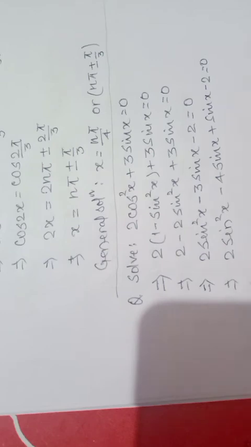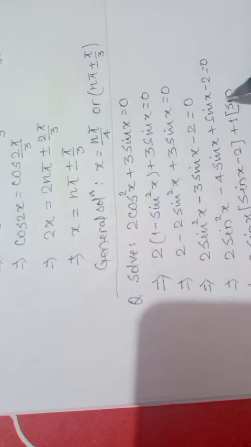On solving, 2 sin x is common between the first and second term, so it is 2 sin x into (sin x minus 2), plus 1, nothing is common, means only 1 is common, (sin x minus 2). Or it should be further written as (sin x minus 2) into (2 sin x plus 1) equal to 0.